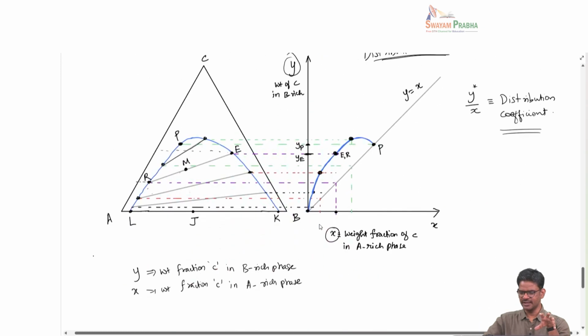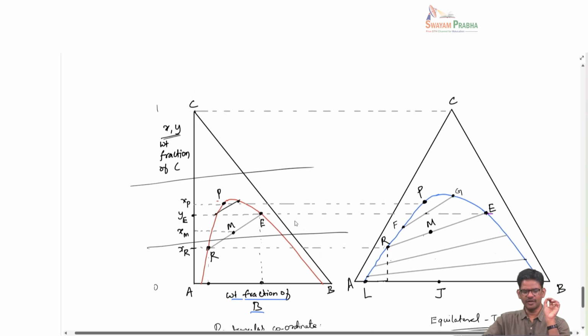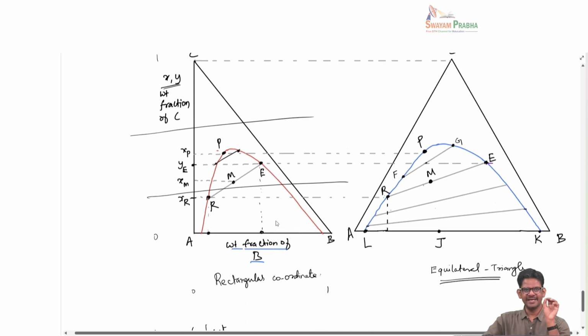Whereas in the distribution curve, we do not have the information of tie line, we know only the compositions corresponding to the tie line, okay. So that means some amount of information is lost there, but here we are not losing any information, we are only rescaling it. You will see that this curve changes shape because of how we choose to plot these two functions, okay.